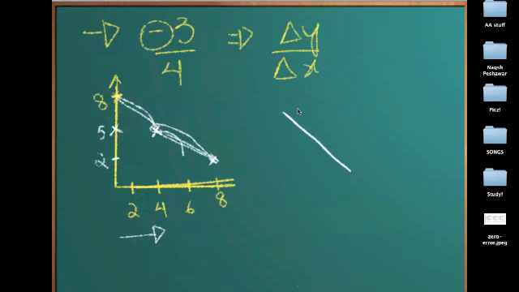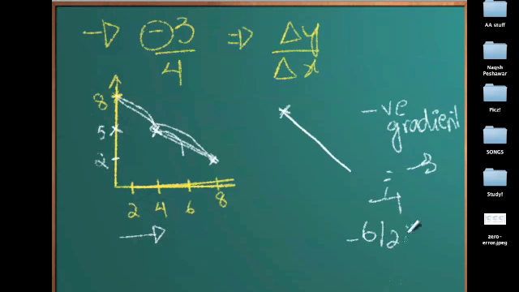Okay, so you can see that the line is decreasing. So whenever the line is decreasing, you will have a negative gradient. The answer of your gradient will always be negative. You will get a value something like -3 or -4 or -6 over 2, which is again -3, sorry, -1 over 3, -4 over 5.